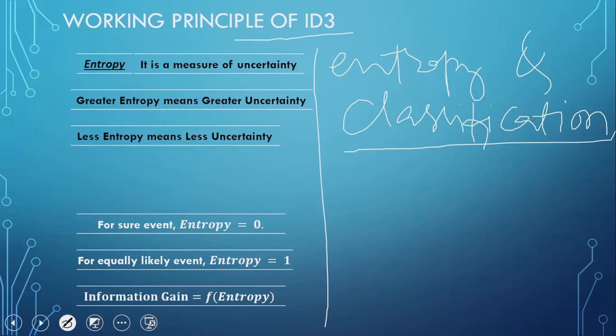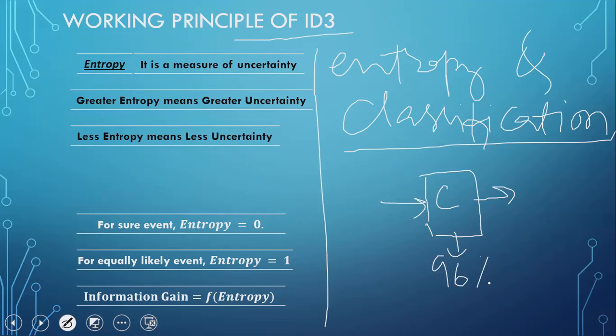So what happens in classification? We have a classification model, and we have some input and some output. This is some classification model C. Let's say that the classification accuracy of this model is, for example, 96%.